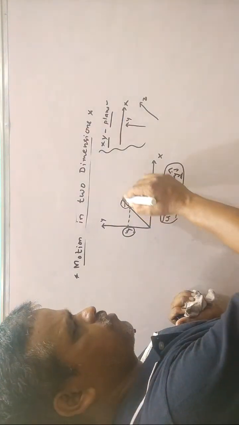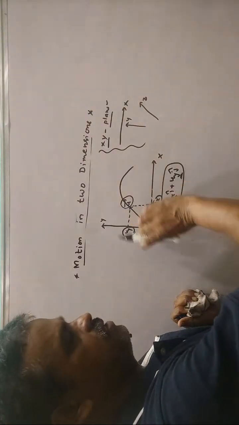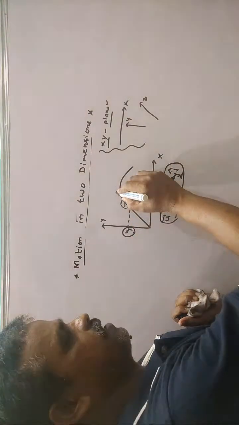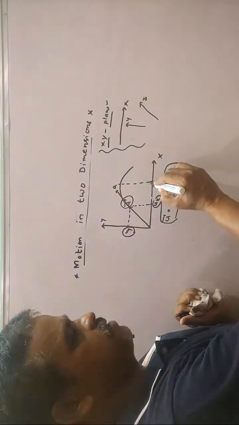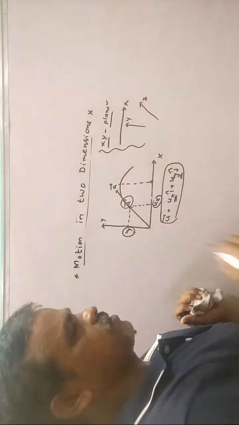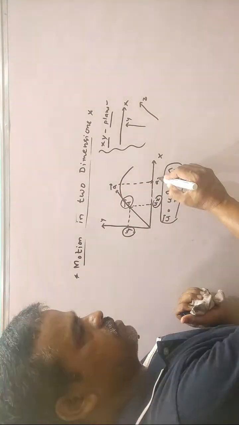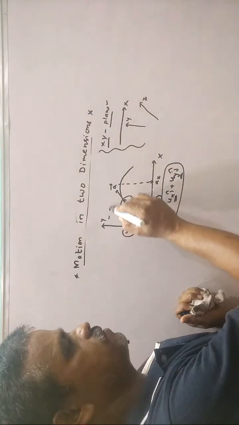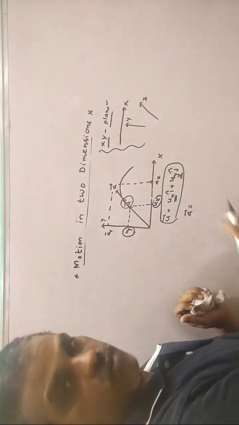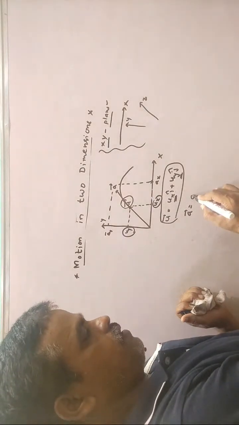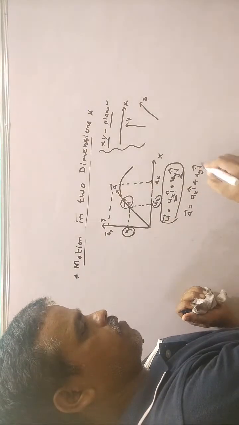If the body is moving like this, it is changing its velocity, so it is getting acceleration. Acceleration is also a vector quantity. It has an ax component along the x axis and an ay component along the y axis. So we can write vector a equal to ax i component plus ay j component.